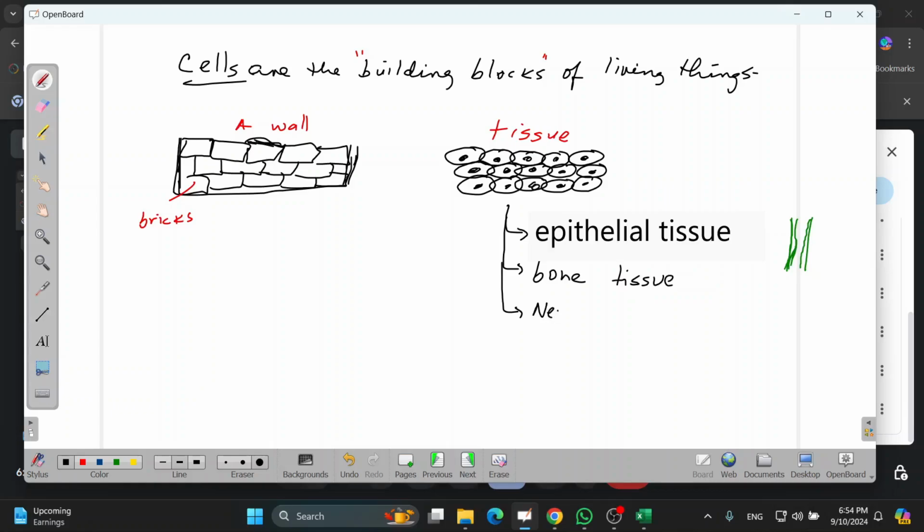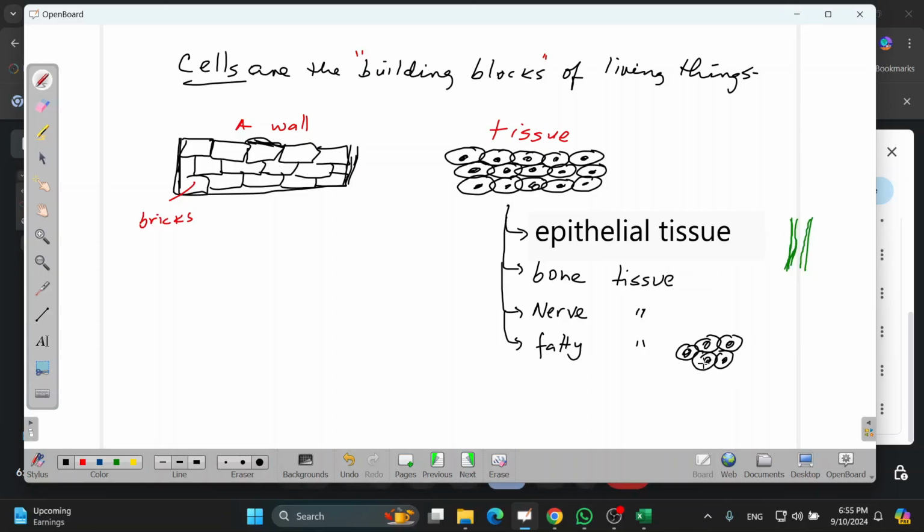We have nerve tissue, like in the brain, and the cells are neurons, for example, that group together. We also have fatty tissue, which is made up of fat cells. See what I mean? So let's say these ones are like this, kind of round, full of fat.